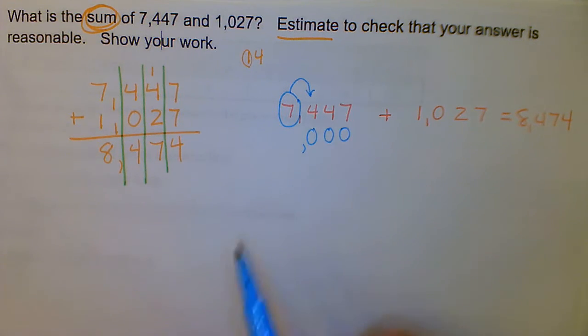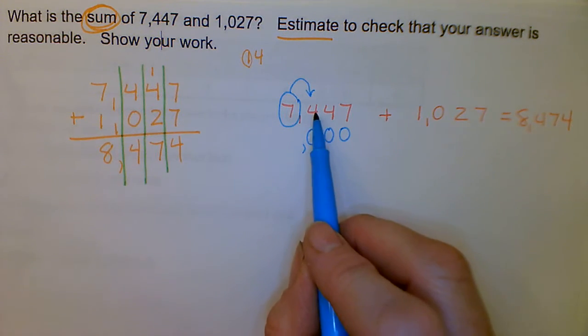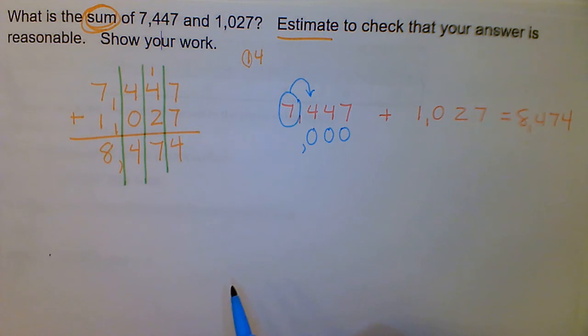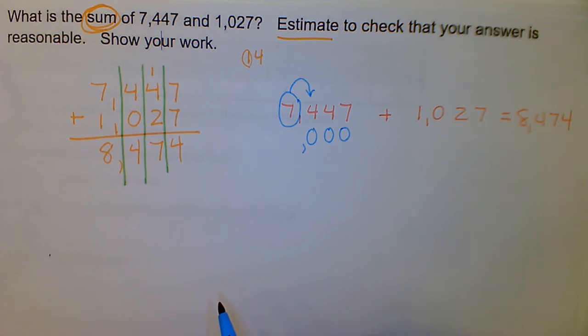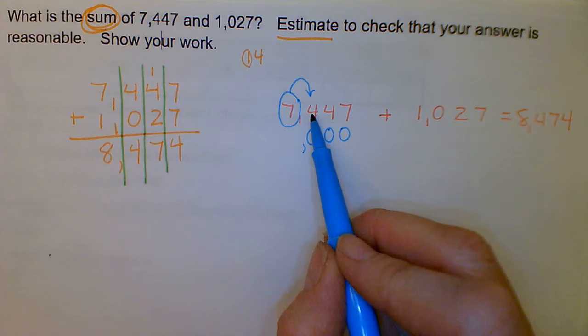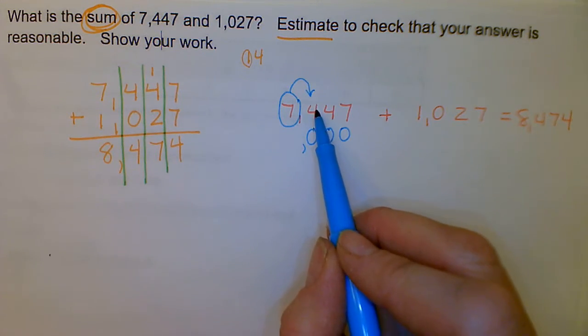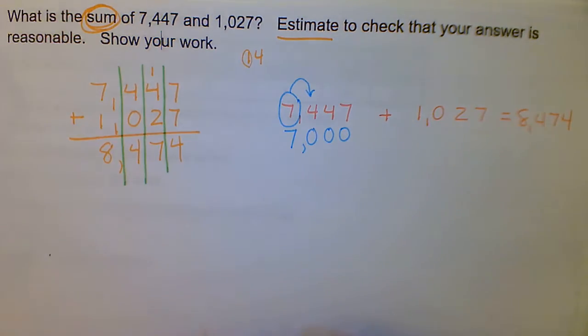So 4 is going to tell 7, you have to rest. What it's really telling it is that, hey, we're closer to 7,000 than we are to 8,000 because we're rounding to the nearest thousand. 1,000, 2,000, 3,000, and so on and so forth. We get to 7,000 and 8,000. This is going to be closer to 7,000 than 8,000. 4 knows this. 7 doesn't know. 4 knows. So it tells 7, you rest.